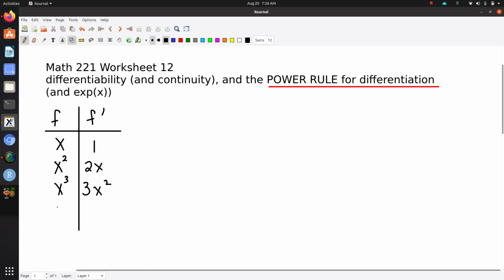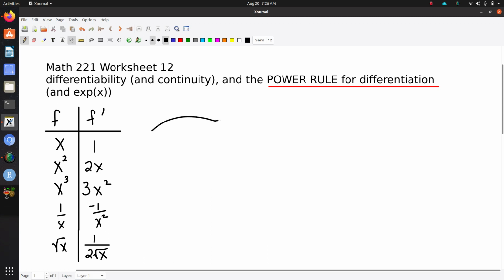We did show that the derivative of 1 over x is minus 1 over x squared. And we also showed that the square root of x has a derivative 1 over 2 square root of x.